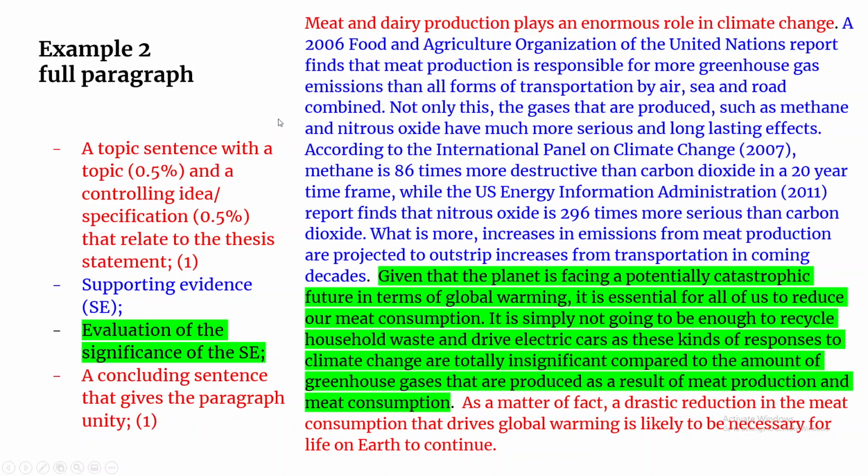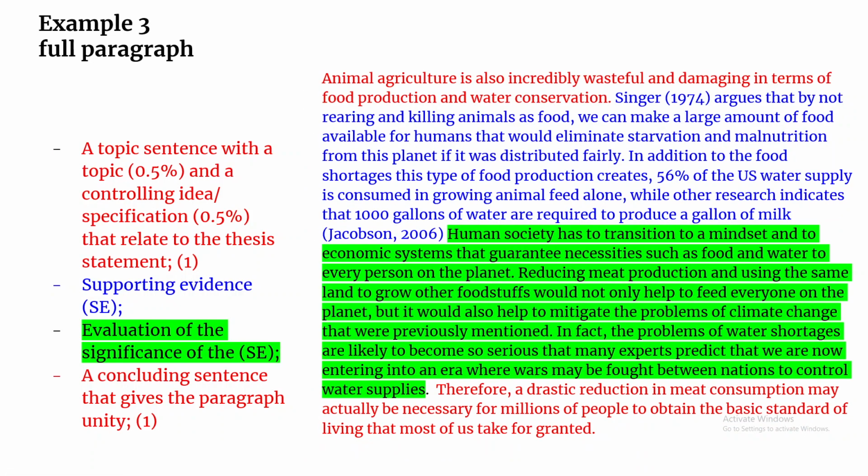So we can see first of all that the phrase meat and dairy production is mentioned as meat consumption in the final sentence, and then the expression climate change basically has the same meaning or a very similar meaning to global warming. So we can see that the same main topic and the same controlling idea are used again in different vocabulary.